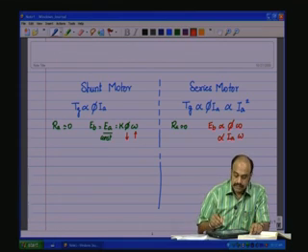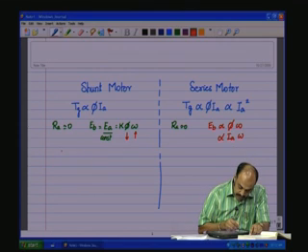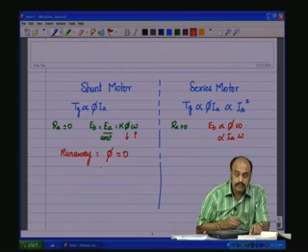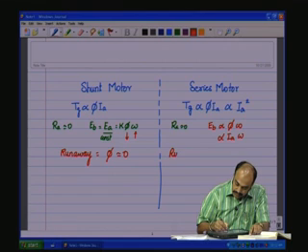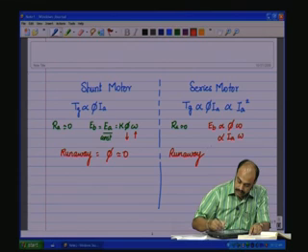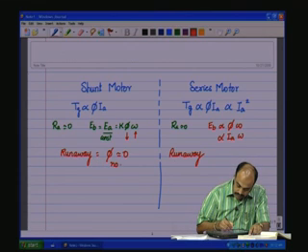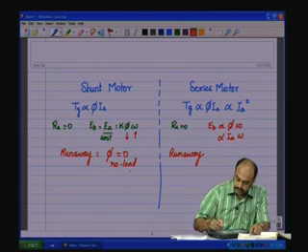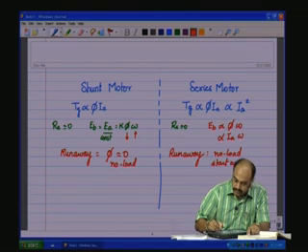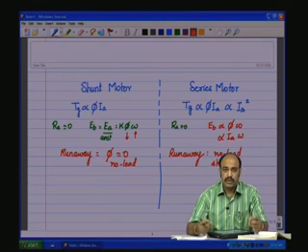In the series motor, the runaway condition would be a no load startup of the motor, where you apply the EA.